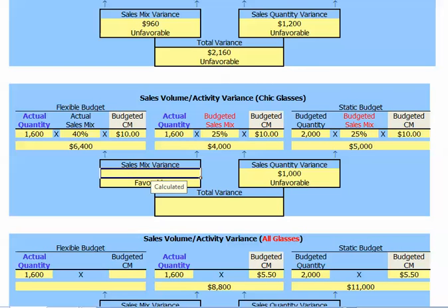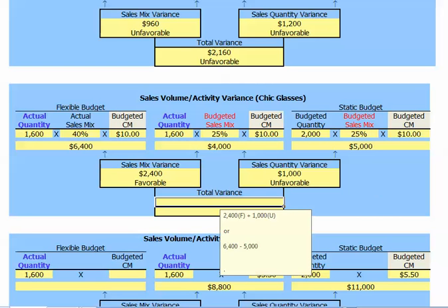In terms of the sales mix, again, we said the sales mix for chic was going to be favorable because it went from a budgeted amount of 25% of sales to 40% of sales. And our variance is the 6,400 minus the 4,000. Our total variance for chic glasses is going to be the difference between our $2,400 favorable and our $1,000 unfavorable variance.